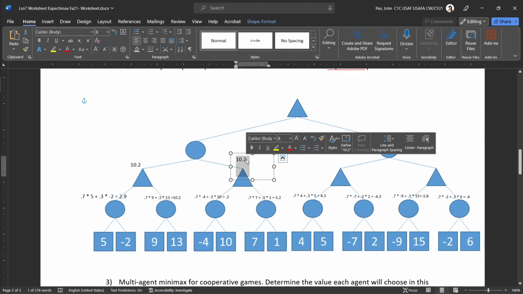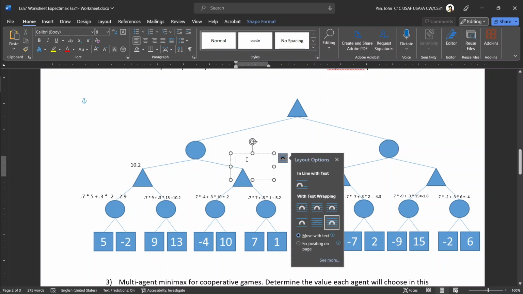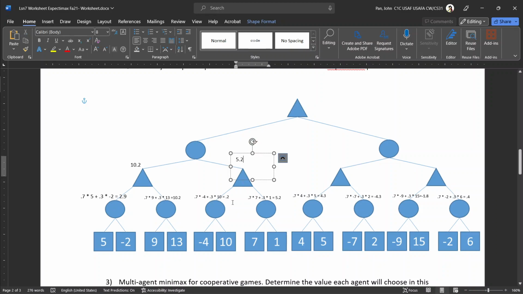And here we have 5.2, comparing 0.2 to 5.2. And the bigger between -4.3 and 4.4 is 4.4.